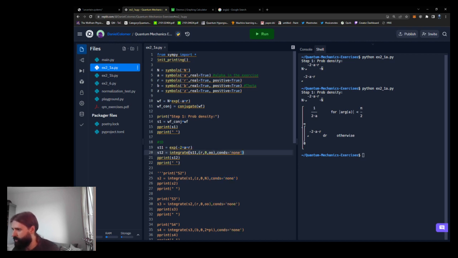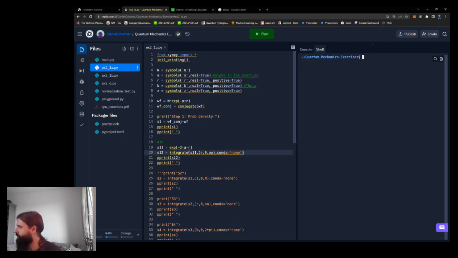Because if we say conditions, which I'm not super happy with, it tells me 1 divided by 2 times a is the integral of this stuff.